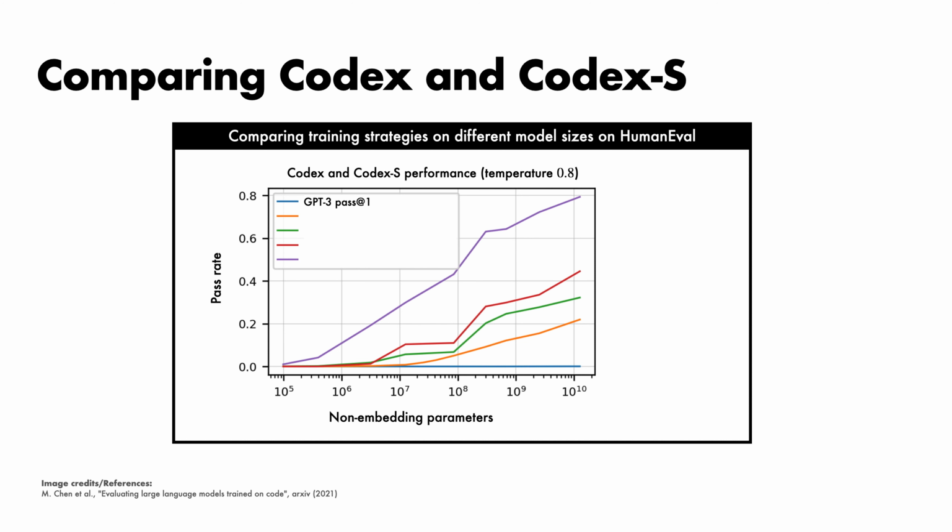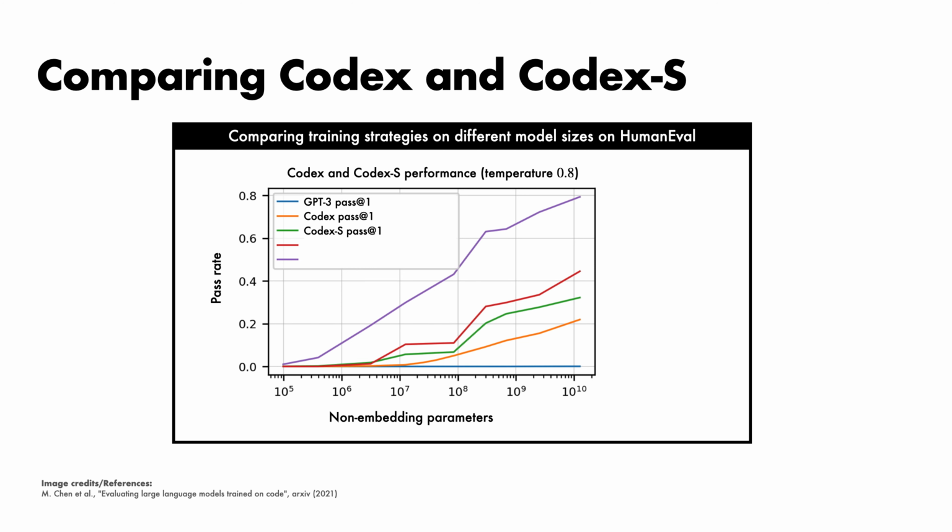The blue line depicts the pass@1 performance for GPT-3, which fails to solve any HumanEval problems, regardless of model size. The orange line denotes Codex pass@1, which starts to make meaningful progress on the task, attaining a pass rate above 20% with a single generated sample.